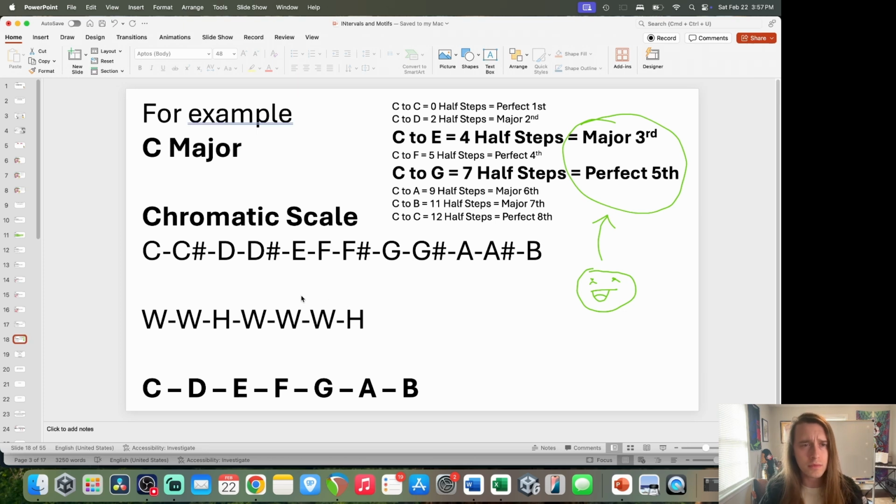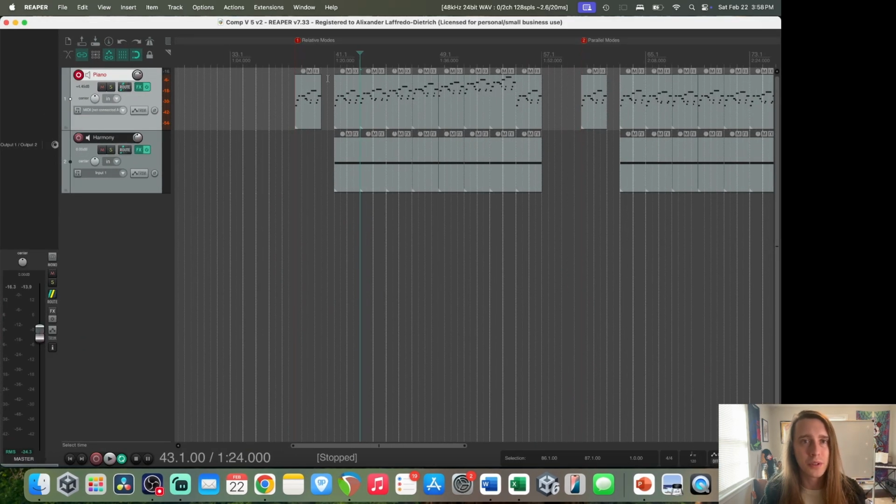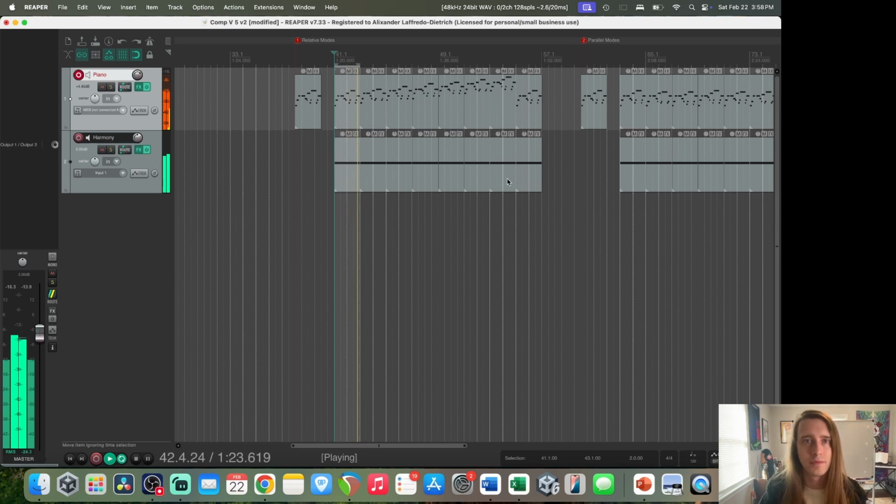Awesome. So you'll notice, however, in the major scale, we have these two intervals which are really important to note. One is a major third, and the other is a perfect fifth. And the major scale is a happy, stable scale. So I'll play this little riff that I made. This was in the major scale, and you'll hear it sounds happy and stable. Right? Awesome.